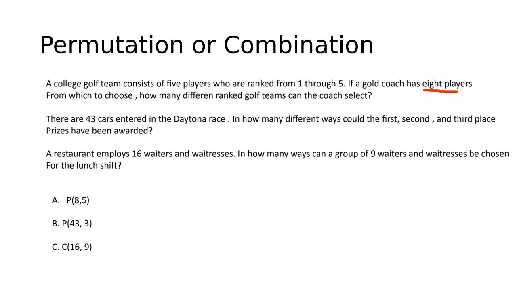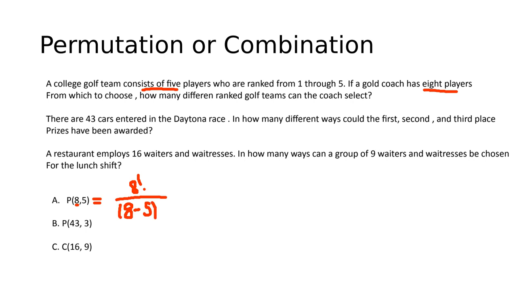Then the next number is how many you are going to choose, and the team consists of 5 players, so that's where the 5 is going to be. So this is the same as 8 factorial divided by 8 minus 5 factorial.